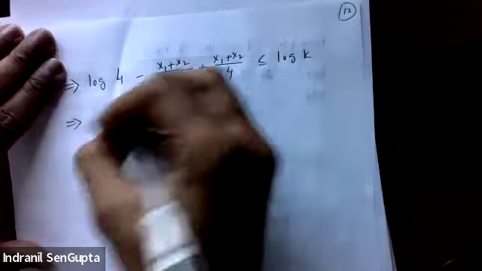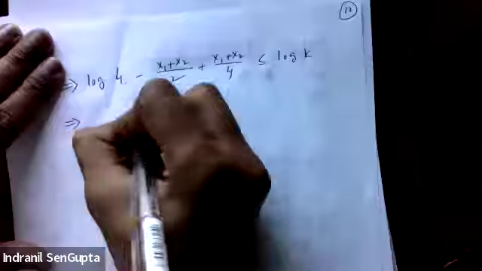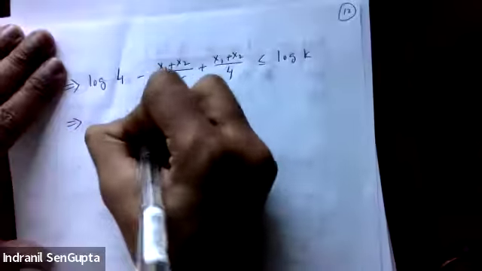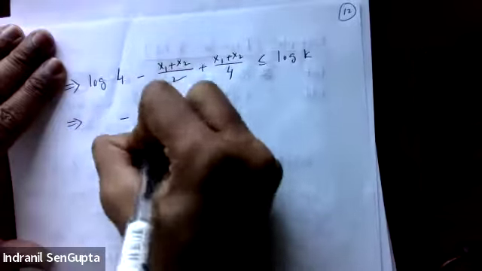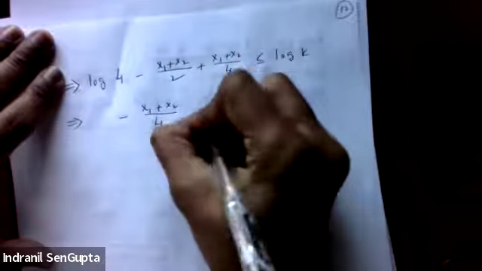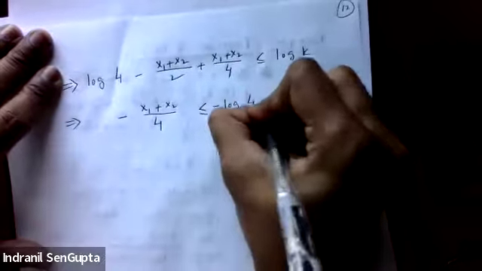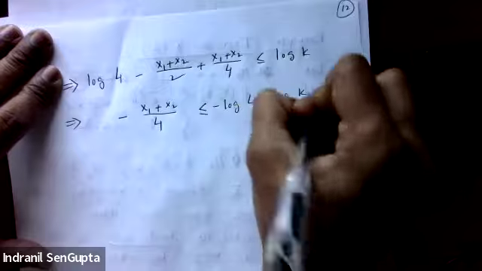So minus (x1 plus x2) over 4 is less than minus log of 4 plus log of k.